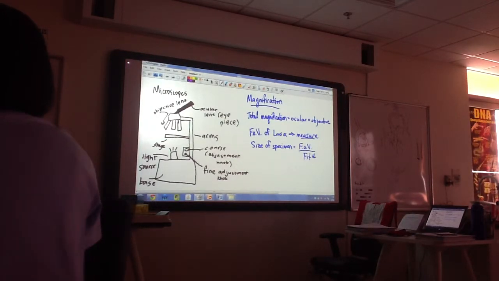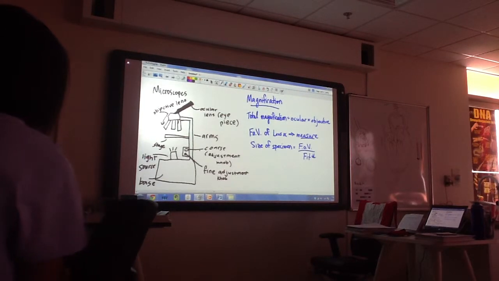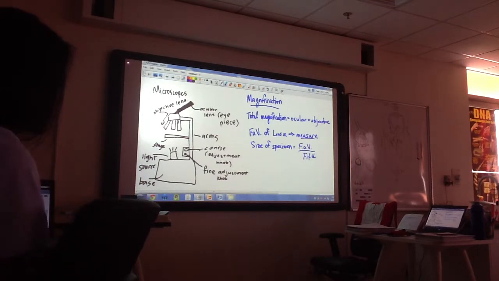So, if we now know how to measure the field of view, and we know how to measure the fit number, we can use those two things to calculate the size of the image that we're looking at. What if we need to increase or decrease magnification?